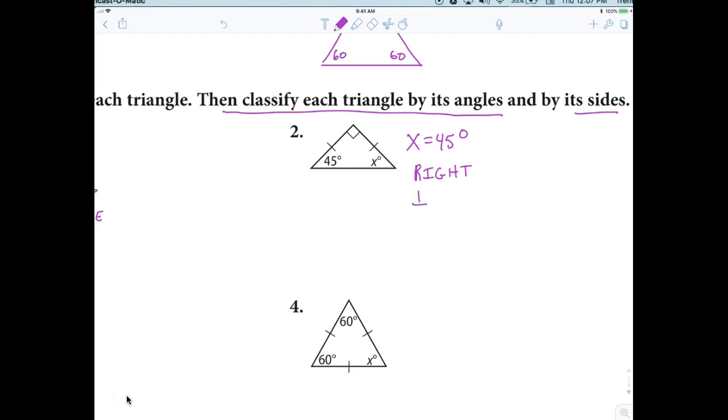All right, so isosceles. Make sure you spell isosceles correctly. So that is a right isosceles. Two sides are congruent. So question number 2: x is 45 degrees. It's a right triangle, and it's an isosceles.